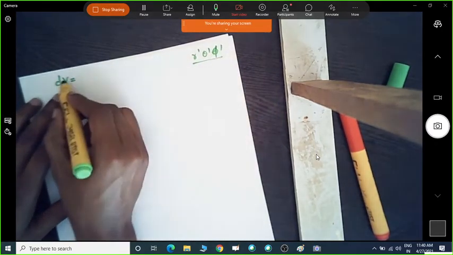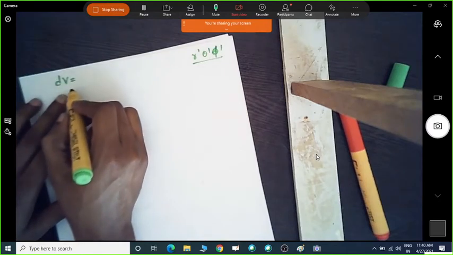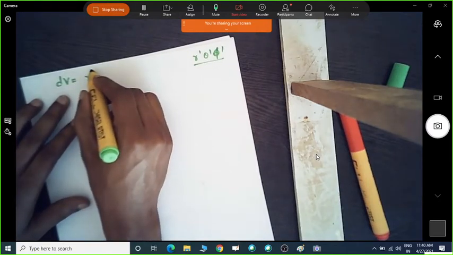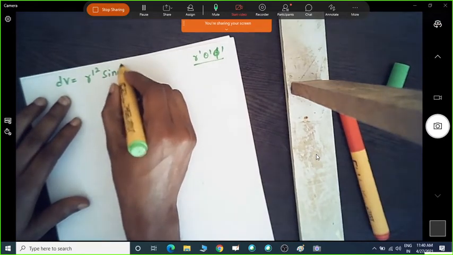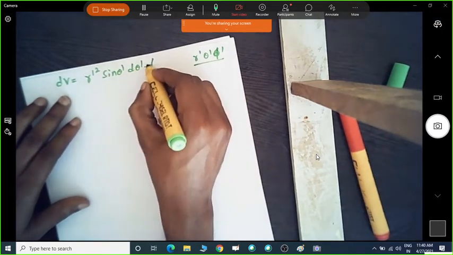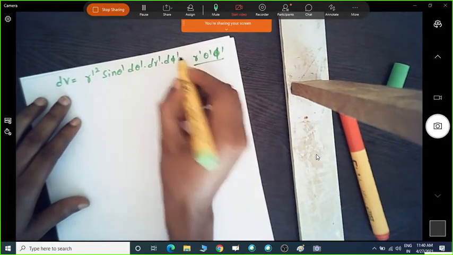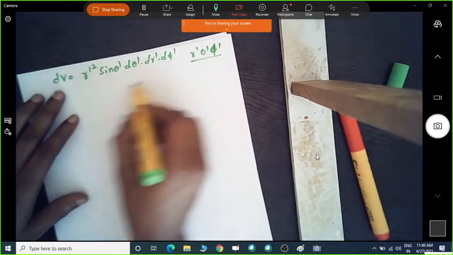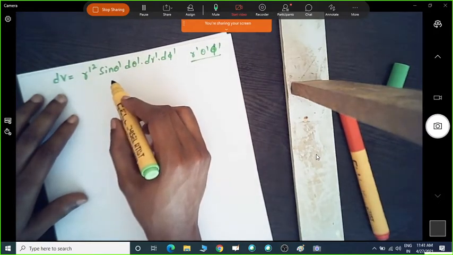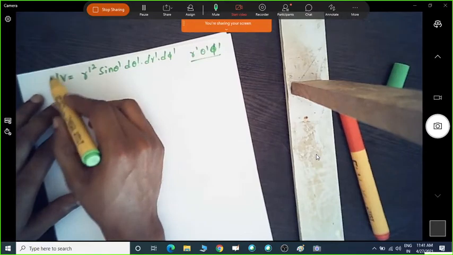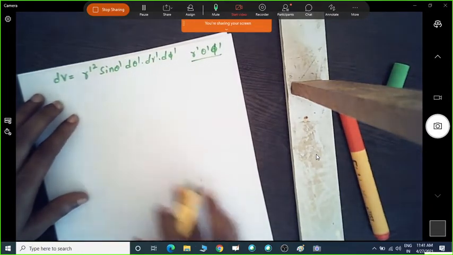We know the elemental volume in spherical coordinates, which we have discussed: r dash square into sin theta dash into d theta dash into dr dash into d phi dash. We discussed this earlier when we covered spherical coordinates, the elemental volume and how we can write it.